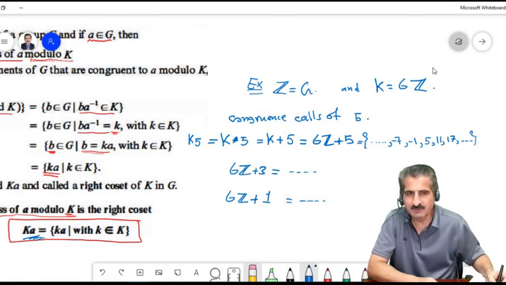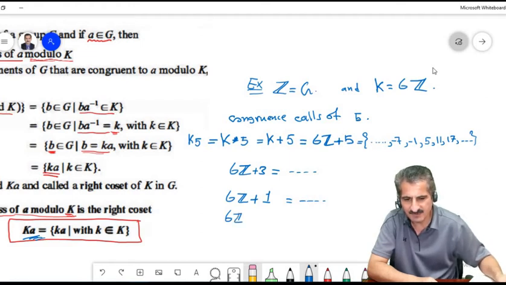I want to write down all the equivalence classes of K in this example. So we have the equivalence class of 5, of 3, and let's have of 2, and the equivalence class of 4. And what is the equivalence class of 0?